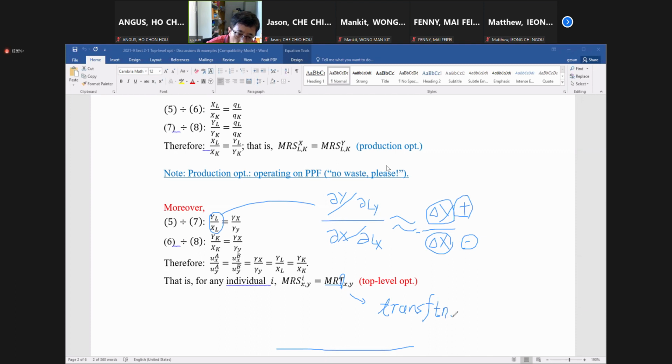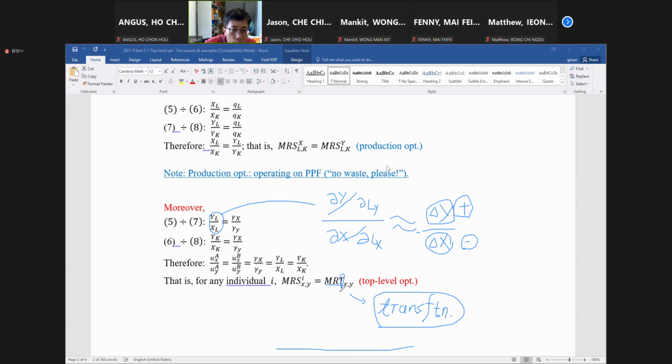Transformation means by using less resource on X, more resource on Y, then we produce less X and more Y. As if here, that's the keyword, as if we are directly transforming some X into Y.